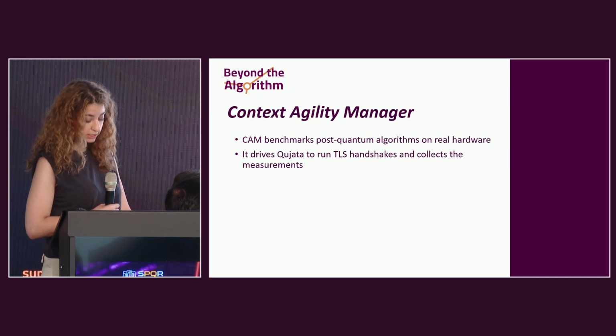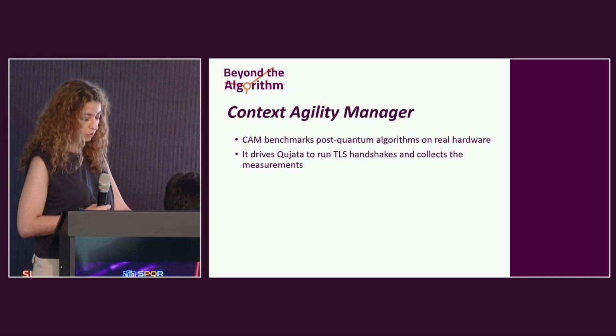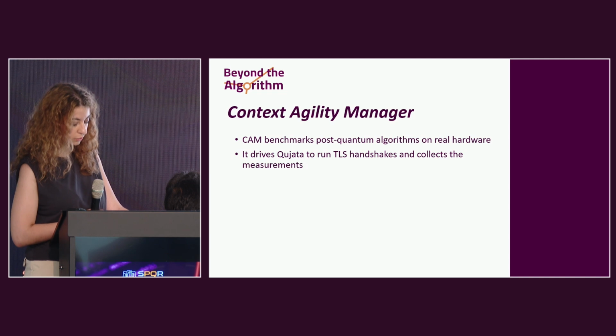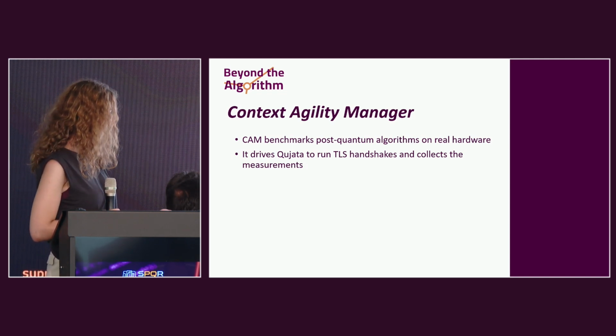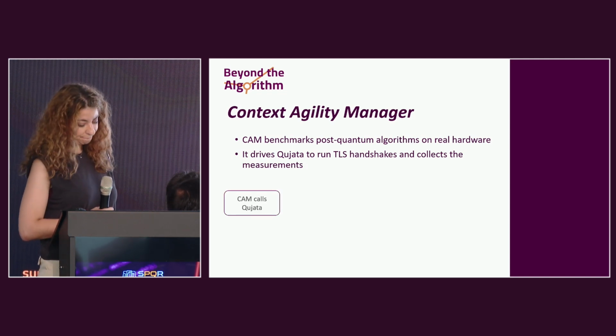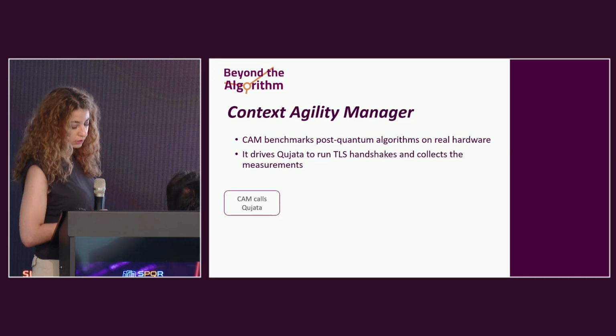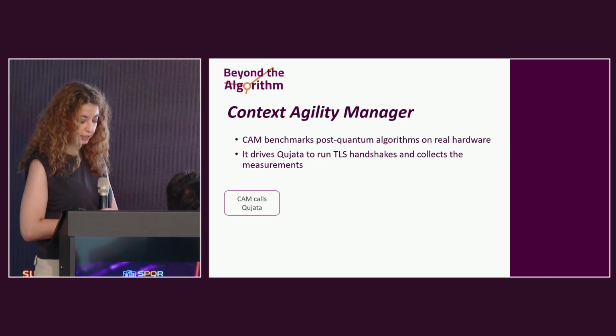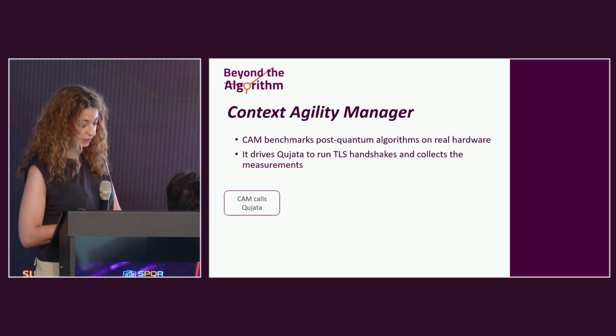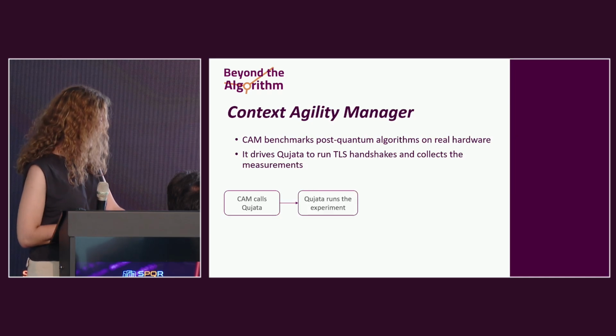To collect this data for our demo, we use 2 NUCs on which we have installed the Kuhata. First, the Context Agility Manager calls Kuhata by sending the experiment parameters: the algorithm to be tested, the message size, and the number of iterations.